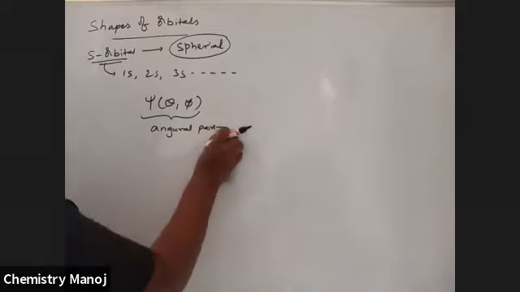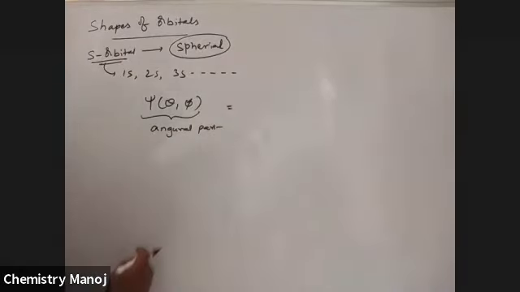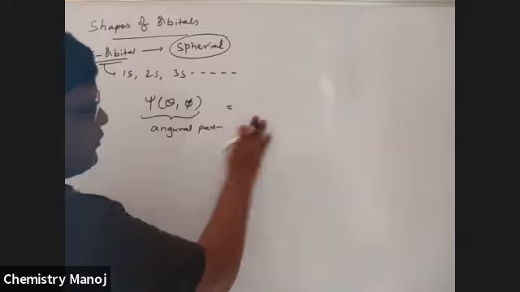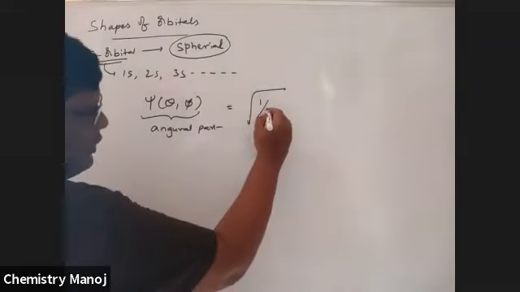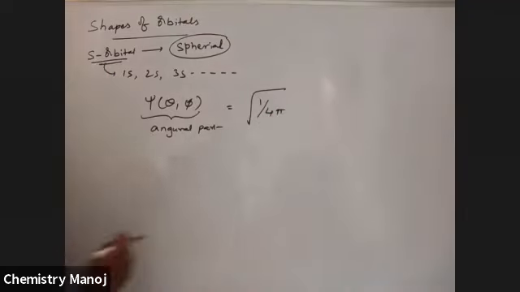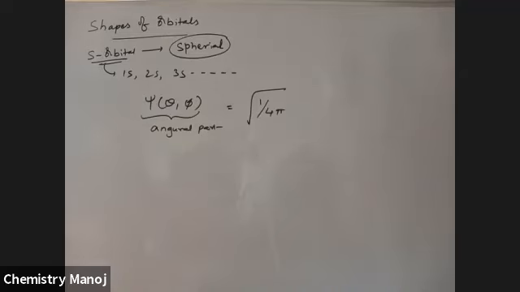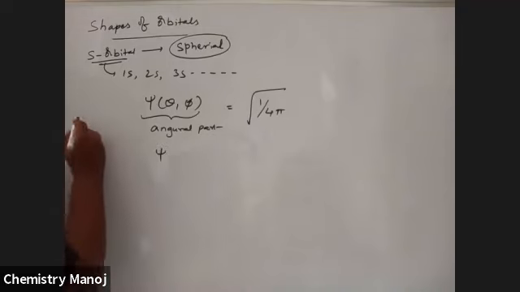The angular part of the S orbital is equal to, these are derivations that are not needed here, under root 1 by 4 pi. This is the angular part of the S orbital, whatever it may be, 1S orbital, 2S orbital.